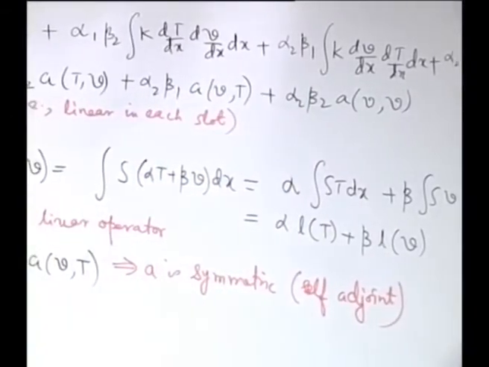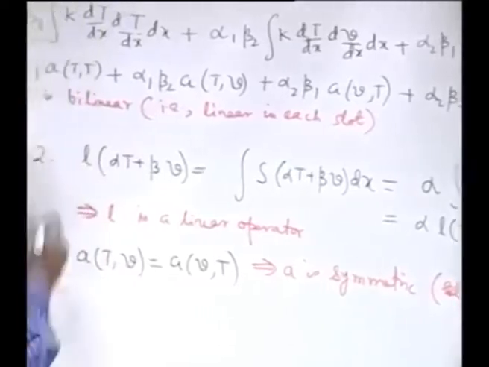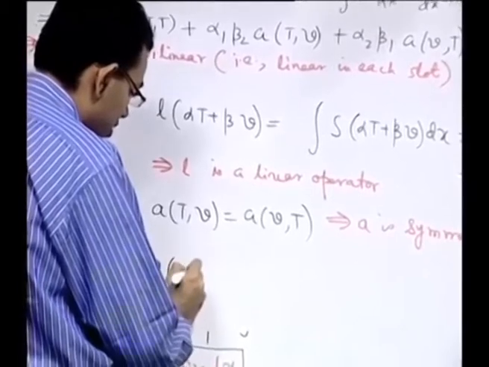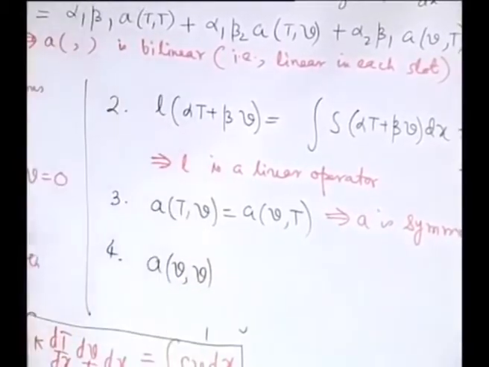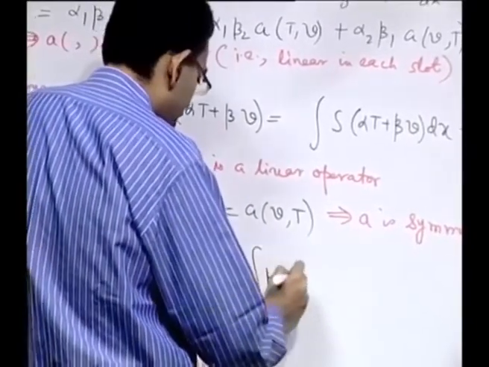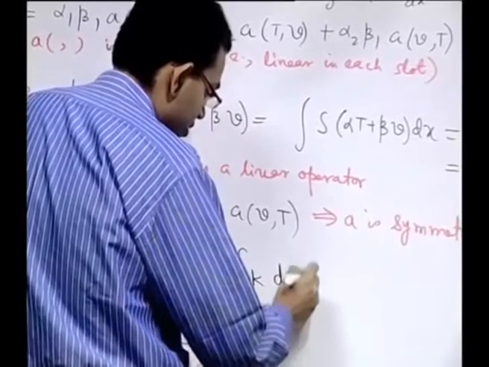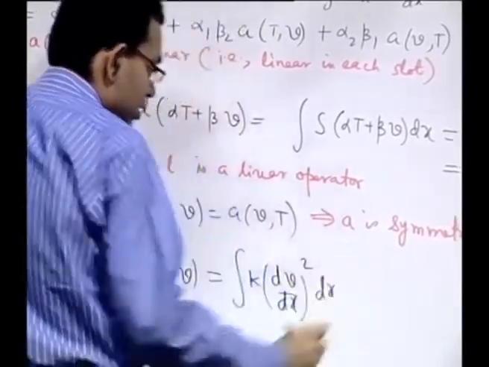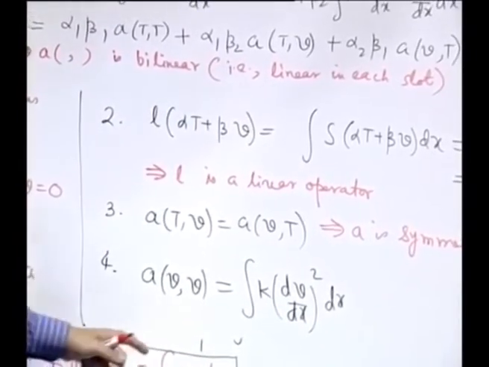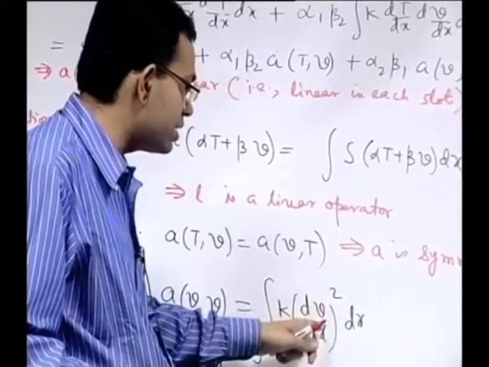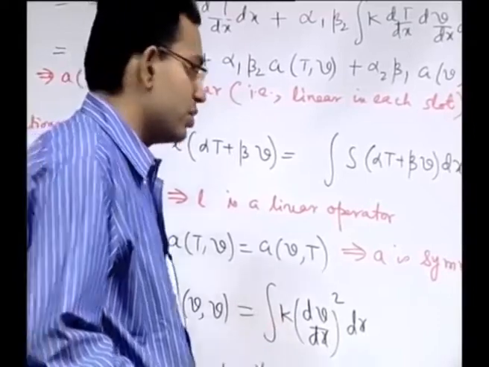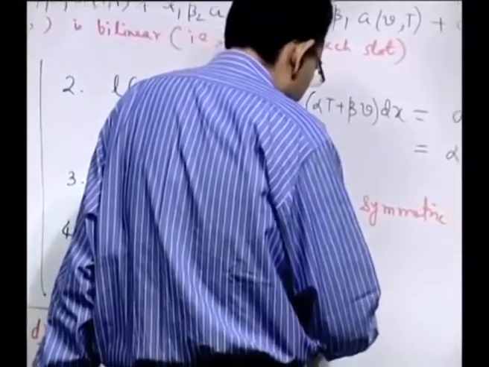The fourth observation is, let us find out what AVV is. That is integral of k (dv/dx) whole square dx. K is a property which is positive, thermal conductivity of the material is positive, and (dv/dx) whole square, no matter whatever is dv/dx, it is positive. So its integral over the domain is positive. So this is greater than 0.